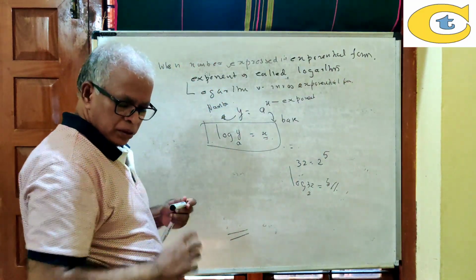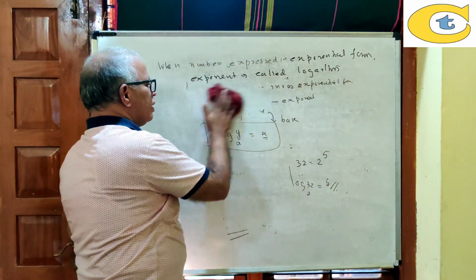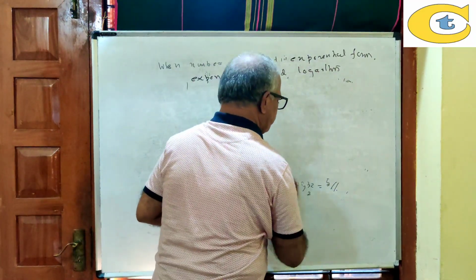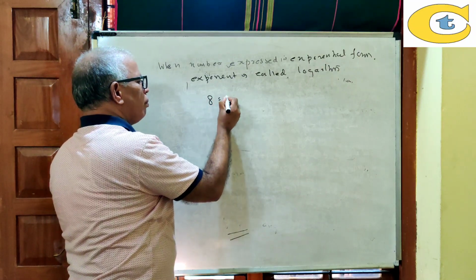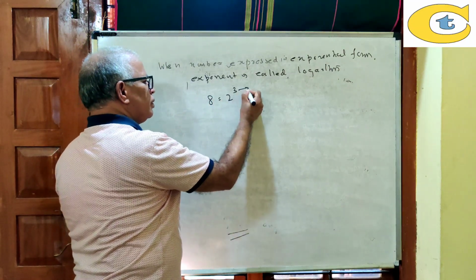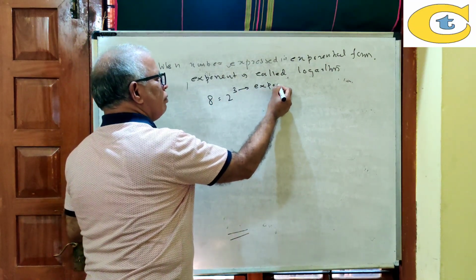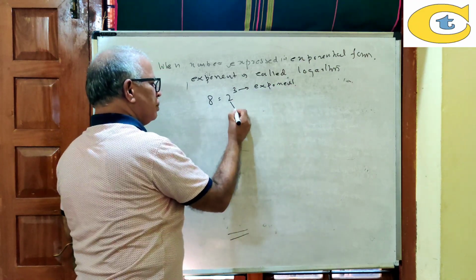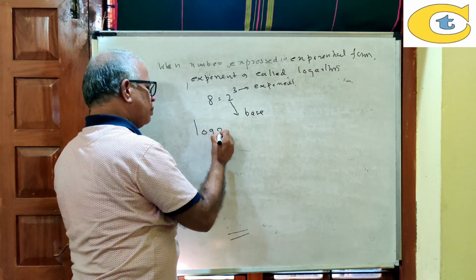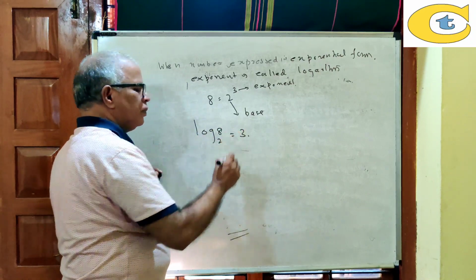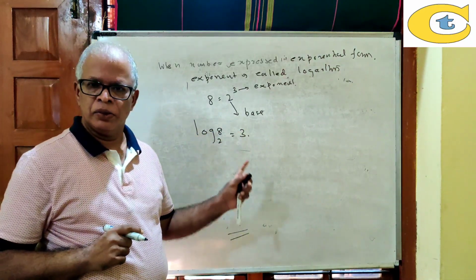Now let us take two examples. 8 is equal to 2 cube. So this is the exponent or power or index, and this is the base. So logarithm of 8 to the base 2 is equal to 3. Could you follow it?